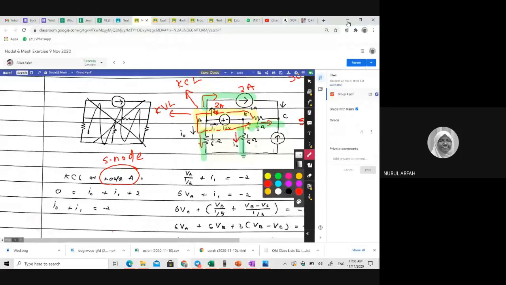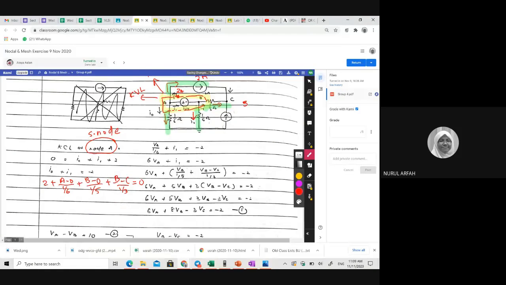So make sure you have 4. You have 2 plus what? This one, this is A minus 0 over 1/6, right? And then you have B minus 0 over 1/5. And then you have B minus C over 1/3 equal to 0.